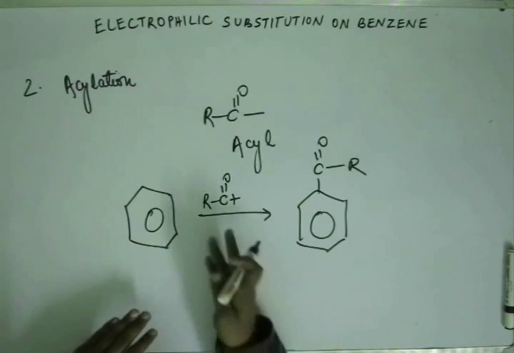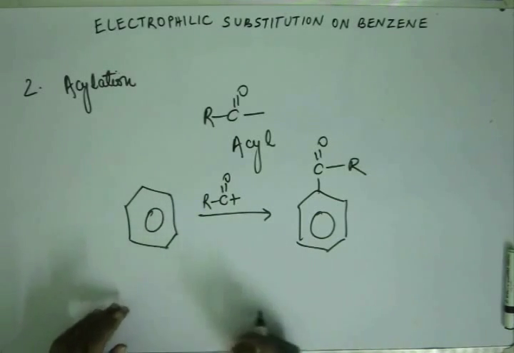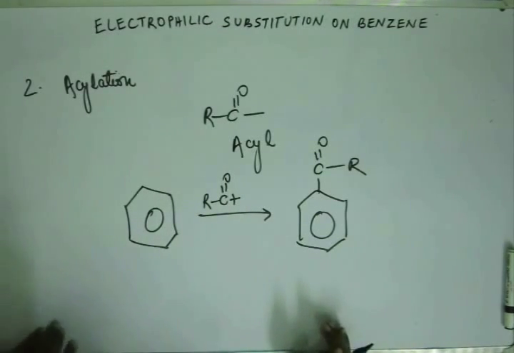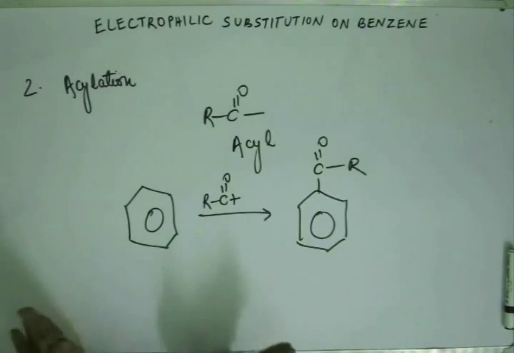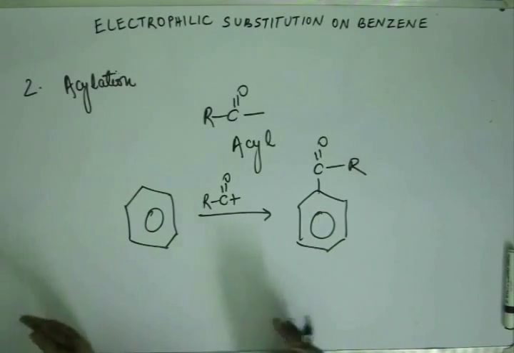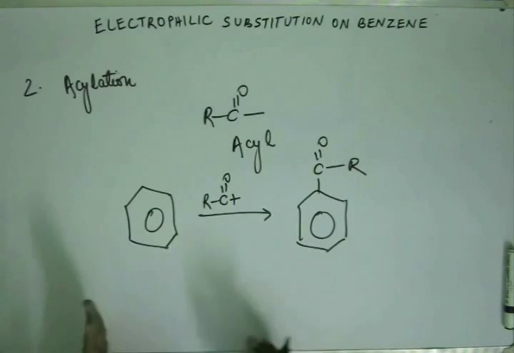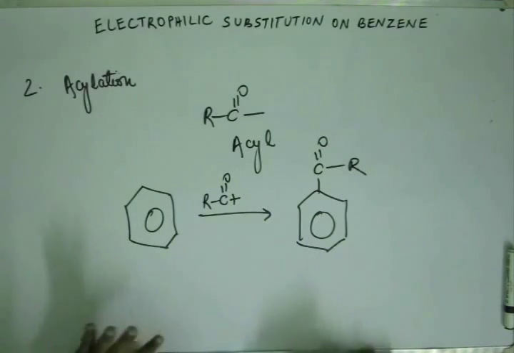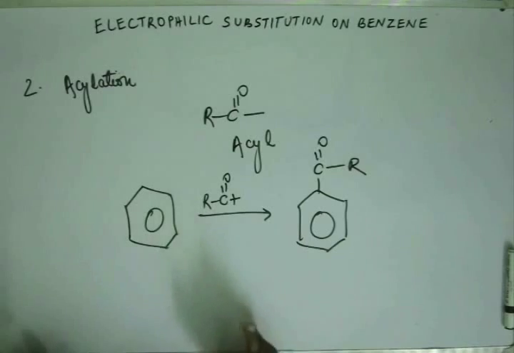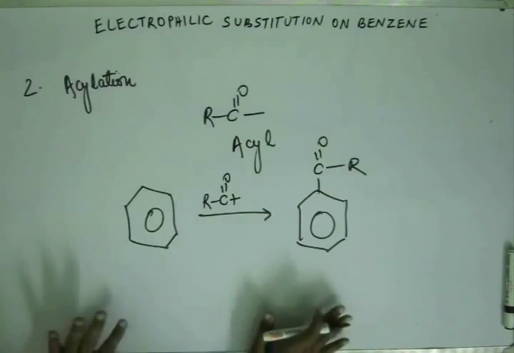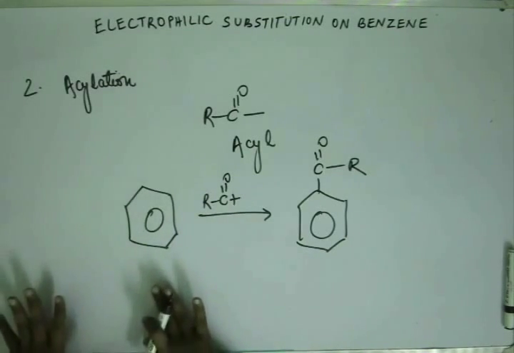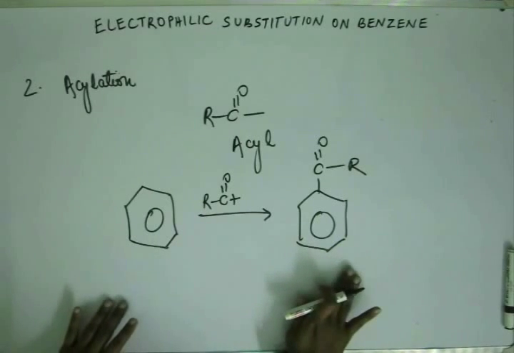This electrophile, the acylium ion, will approach benzene, sigma complex will be formed, and then hydrogen will be removed, aromaticity will be regenerated. That is going to remain the same in all kinds of electrophilic substitution. So we are not going to see the mechanism again, we are going to see how we will be creating this electrophile. So somehow if I create this acylium ion, then the acylation reaction will occur. This we understand.